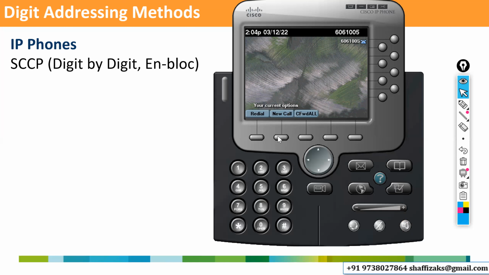From the call history, if you are dialing from missed calls, received calls, or dialed calls, or you're dialing a number using the dial soft key, in that case it will carry the number as an N block. Or straightforward, you are taking the receiver or speaker and dialing the number, then it goes digit by digit. Got it? This is how the Skinny phone supports digit by digit and N block. Got it? Okay.